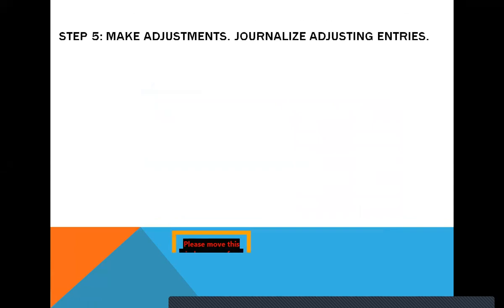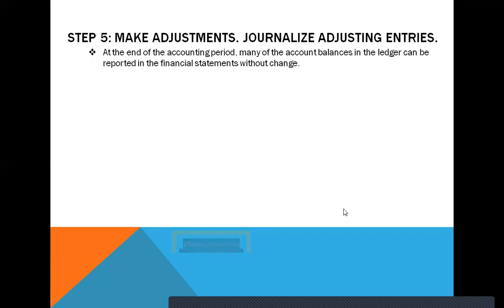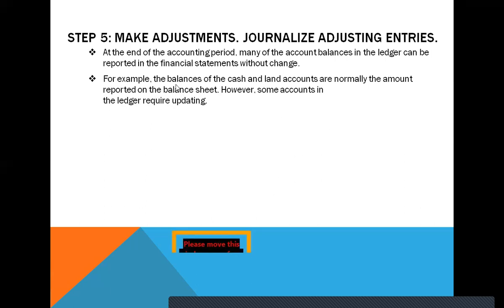Now, for step 5, you make adjustments and journalize adjusting entries. At the end of the accounting period, many of the account balances in the ledger can be reported in the financial statements without change. For example, the balances of the cash and land accounts are normally the amount reported on the balance sheet.